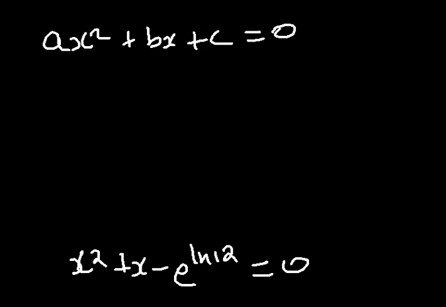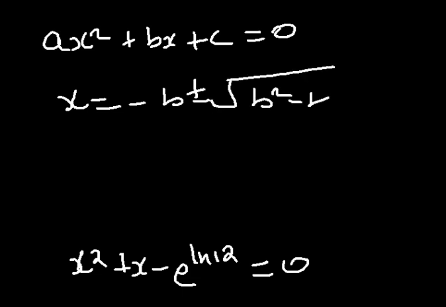Solving for x as the subject using the completing square method, we end up with x equal to negative b plus or minus the square root of b squared minus 4ac, all divided by 2. So we're going to use the same principle of the way the quadratic formula is derived, and in the same way you will be able to make x the subject.